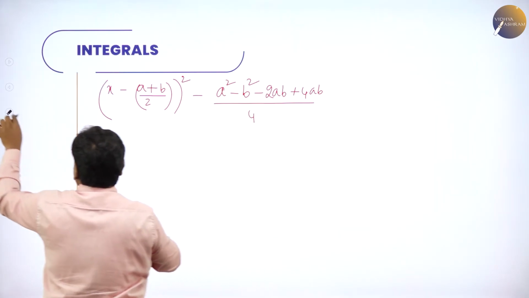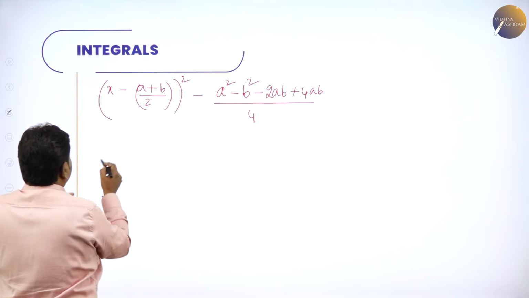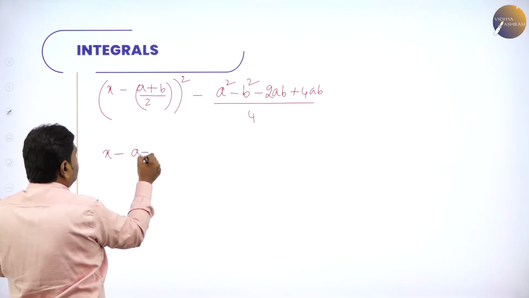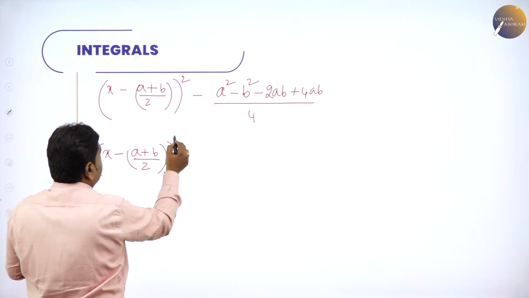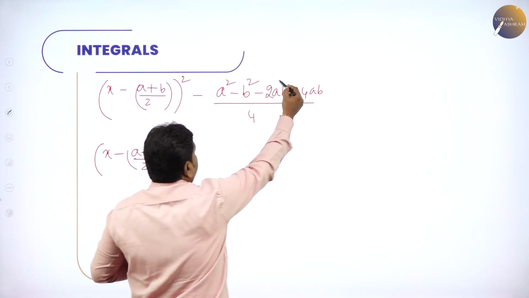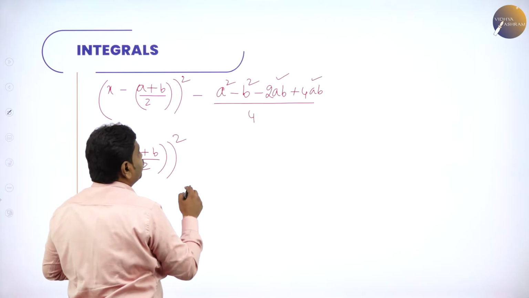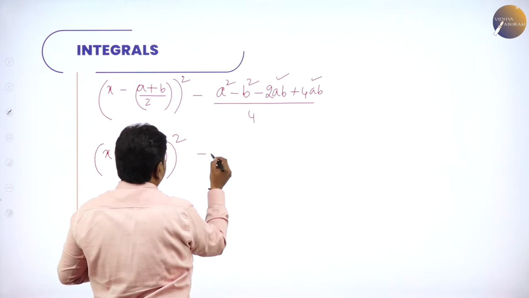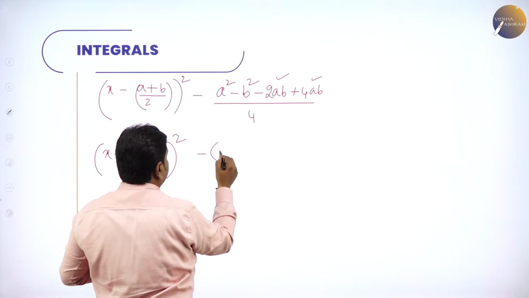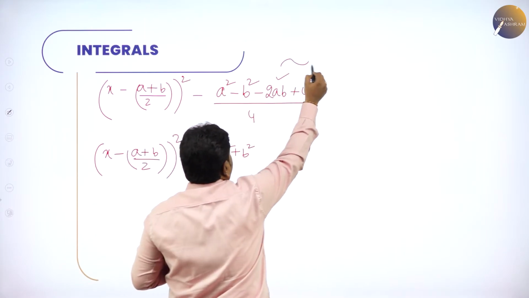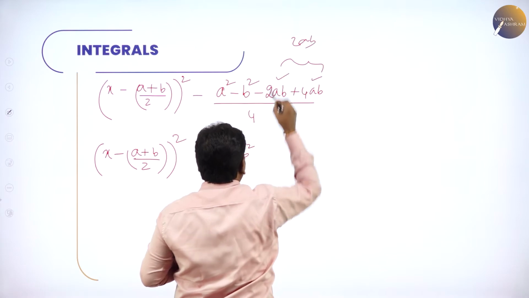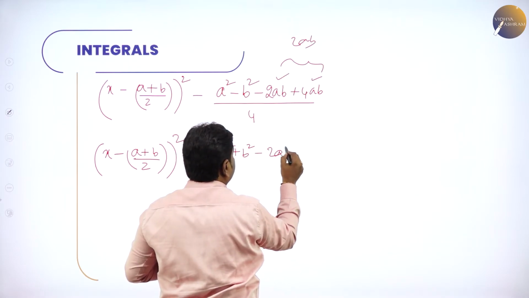Now simplify this, so it will become x minus a plus b by 2 the whole square. Now minus 2ab plus 4ab becomes minus 2ab, and I'll take minus out. If I take minus out, it is a square plus b square minus 2ab, by 4. Do you agree or not?